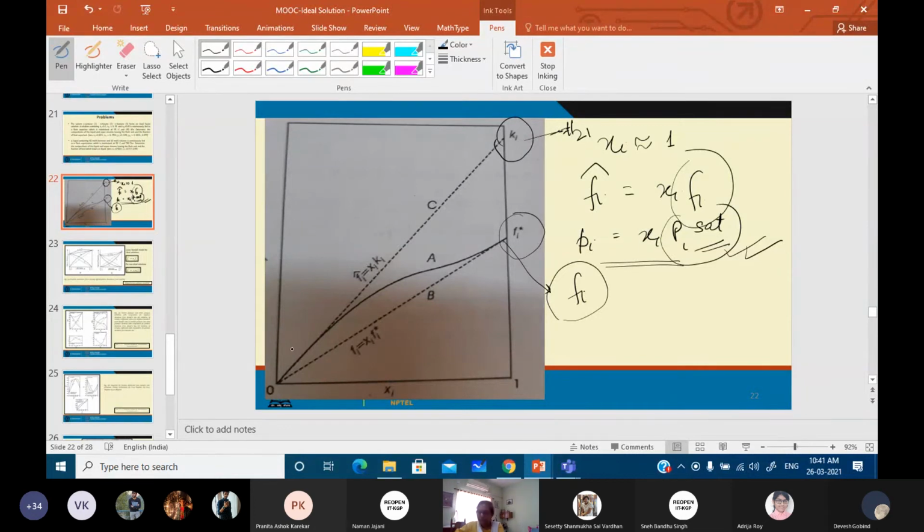And remember one thing, solutions which conform to this type of ideality are known as ideal dilute solutions, for which we can write fi = xi H21, where H21 corresponds to fi at xi tends to 0. So therefore, we have an ideal solution model.